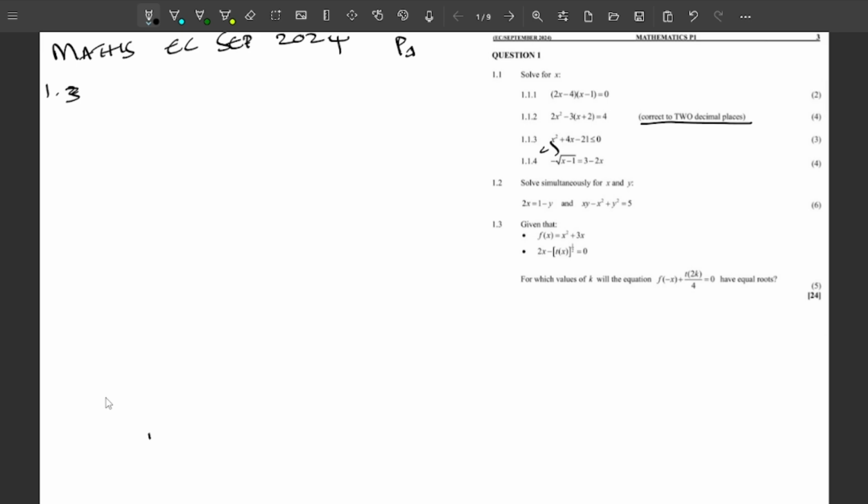And they say, for which values of k will the equation of f of minus x plus t of 2x over 4 equal 0 when they have equal roots. So the key point here is equal roots. This means we're going to use an equal sign, right?